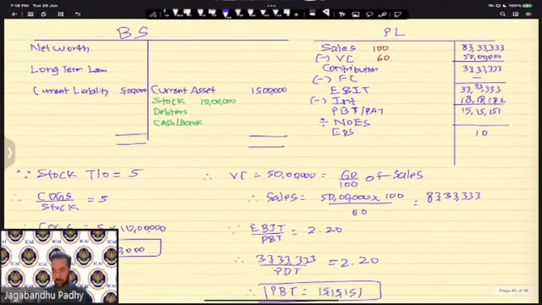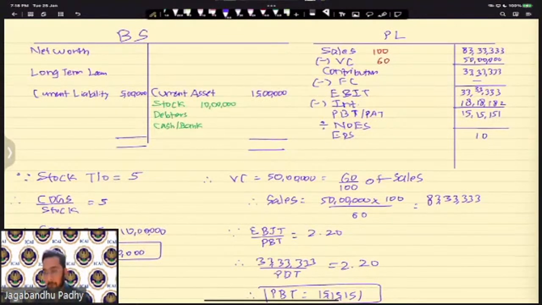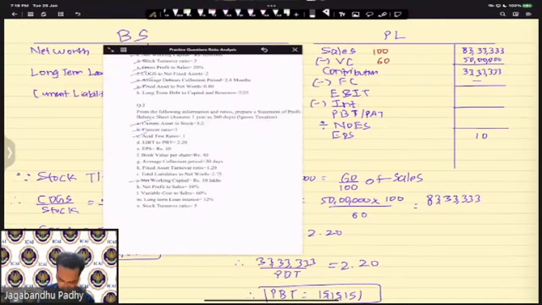Okay, there's something left out over here. Wait guys. Once we have got the sales figure, the net profit to sales that is given is basically 10%.